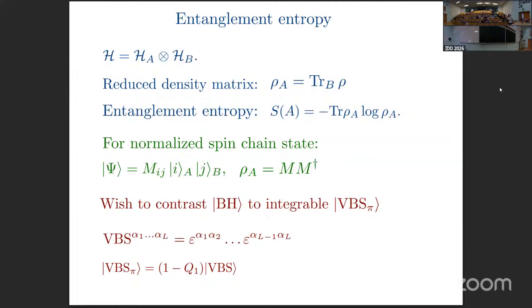So it's a wave function which is simply a product of epsilon factors. And then we take this state, and we can also subtract its one-side translated version, because then we get something which has momentum pi, and it gets even closer to our black hole state. So we want to contrast the entanglement entropy between these two types of states.